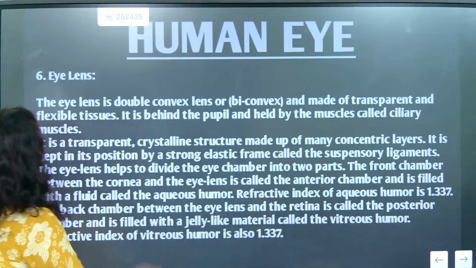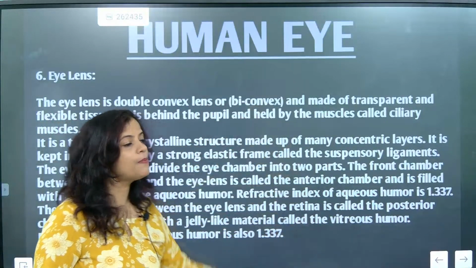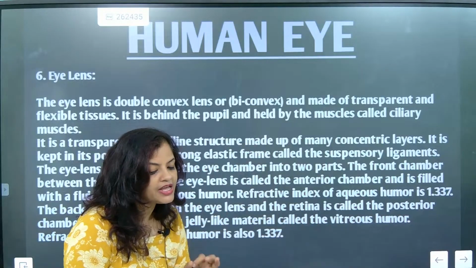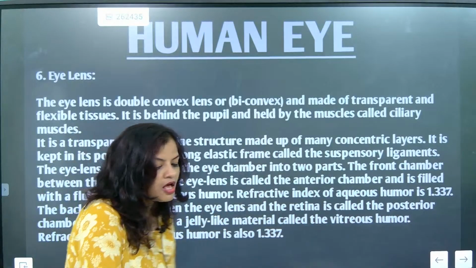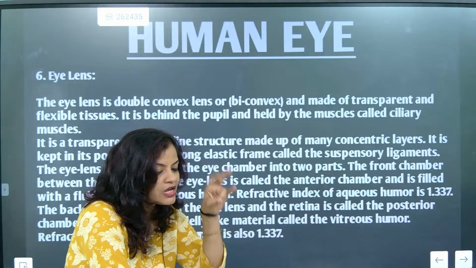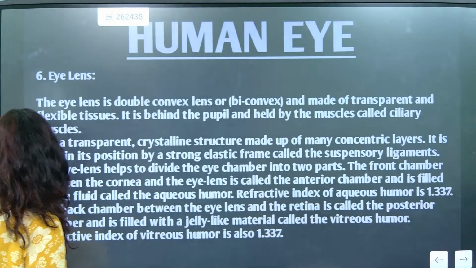Ready? So now, first point. The eye lens is a double convex lens, or biconvex lens. What is the meaning of biconvex? Can we see the shape?